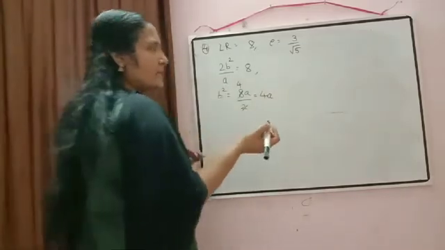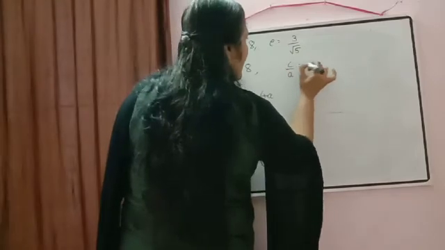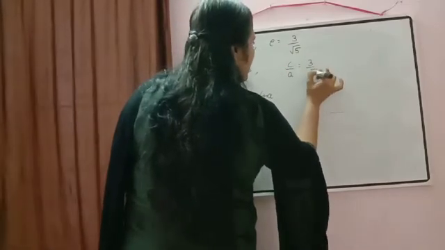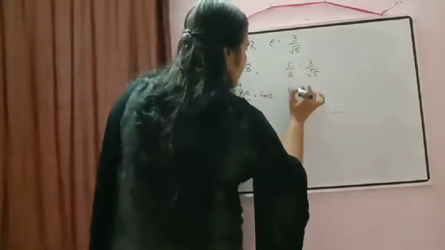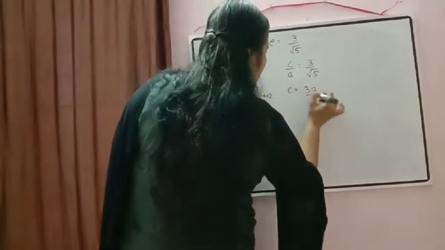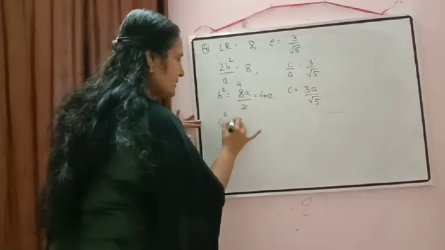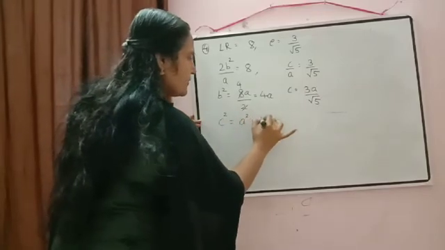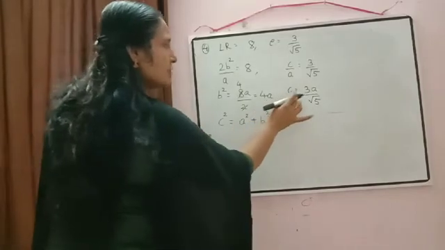Everything we will rewrite in terms of a. And here eccentricity means c by a is given. c by a is equal to 3 by root 5. a we can shift there, then we will get c is equal to 3a by root 5. Okay. So now what we will do? We will check the relation, that is c square is equal to a square plus b square. Substitute the value c square.